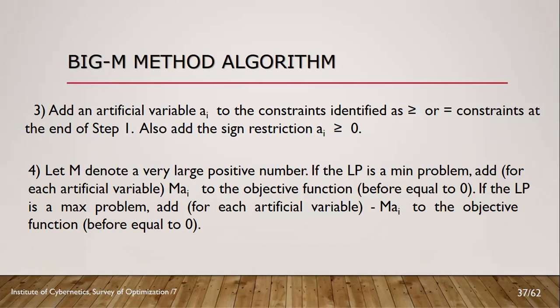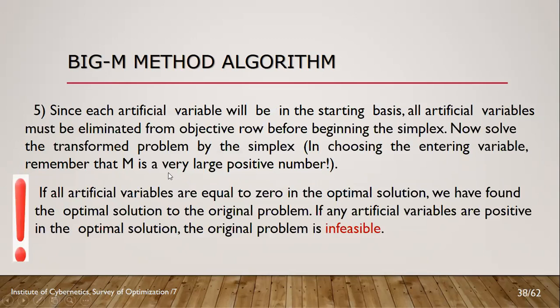If the LP is a maximization problem, we add negative M times a sub i to the objective function. Step 5. Since each artificial variable will be in the starting basis, all artificial variables must be eliminated from the objective row before beginning the simplex.